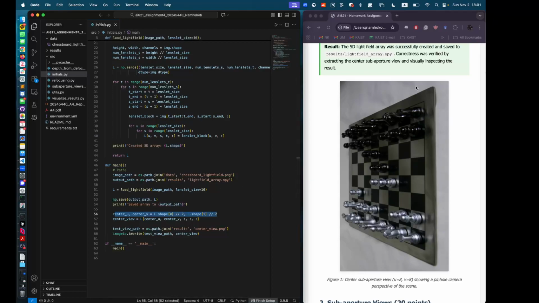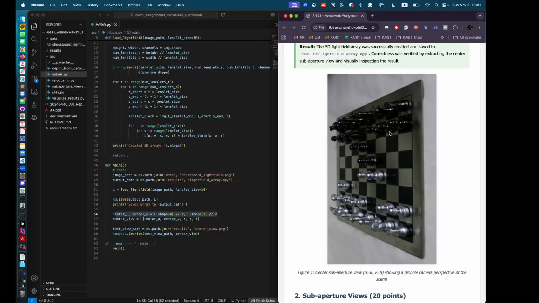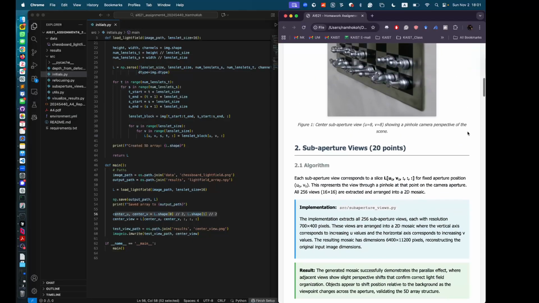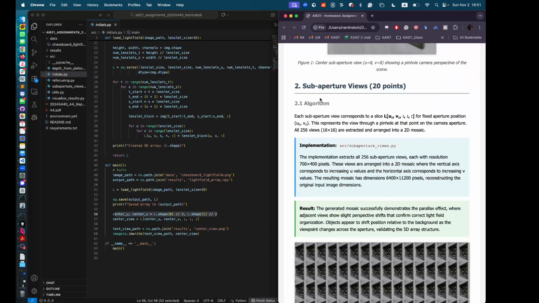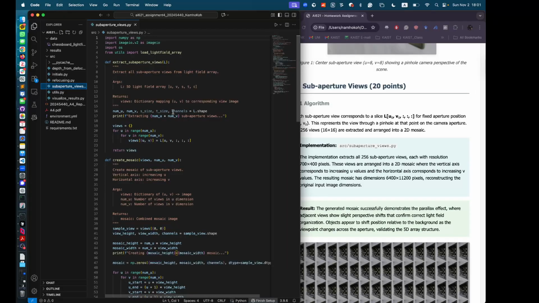Now, since we have our 5D light field, let's extract the 256 sub-aperture views. At line 50, this is in the sub-aperture views.py script.